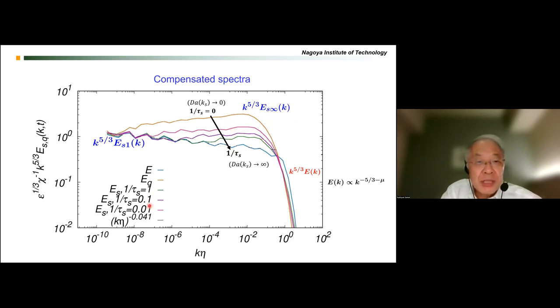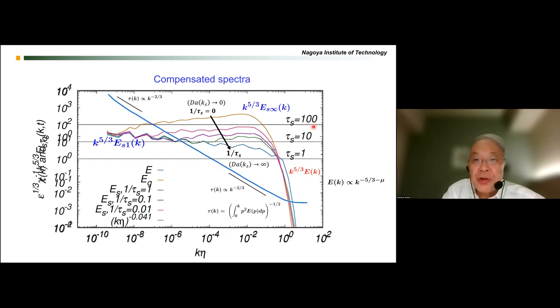When 1 over tau s becomes 0.1, the curve goes this way and again departs, and tends to align parallel with the energy spectra. So this trend seems to be consistent with the previous theoretical prediction, meaning that two kinds of k to the minus 5 thirds ranges exist.